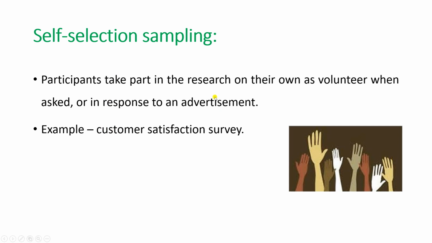Sometimes what happens is that people who are very satisfied want to come forward and give us their feedback. So it will have a biased view, because among all the feedback, most will be positive, since all those who have benefited from this new device have come forward.